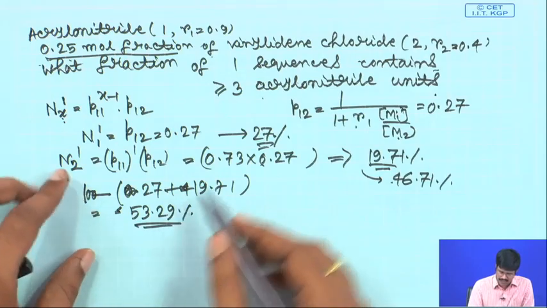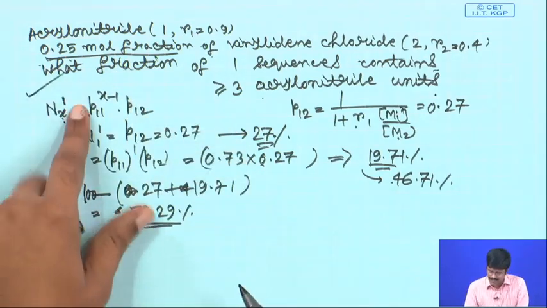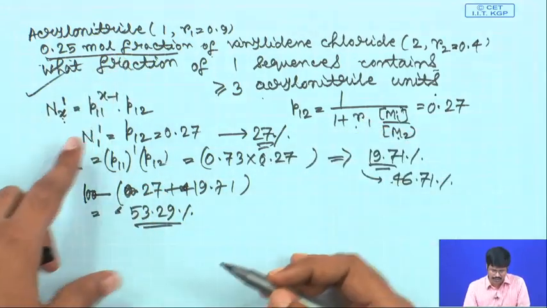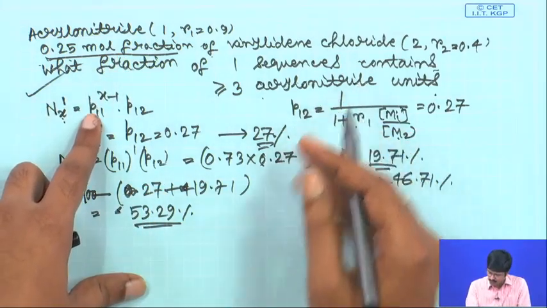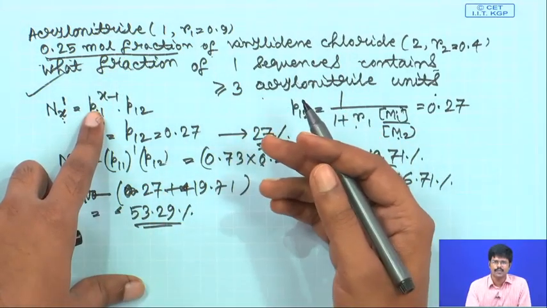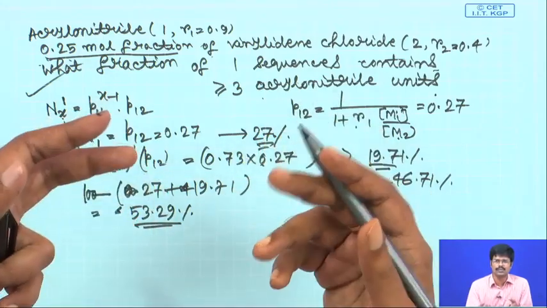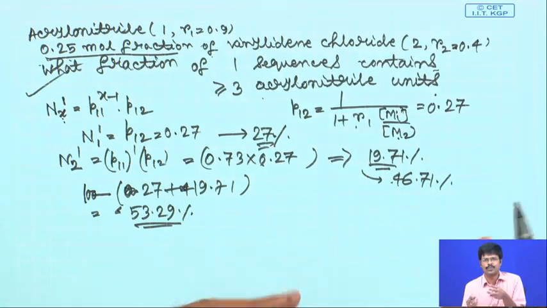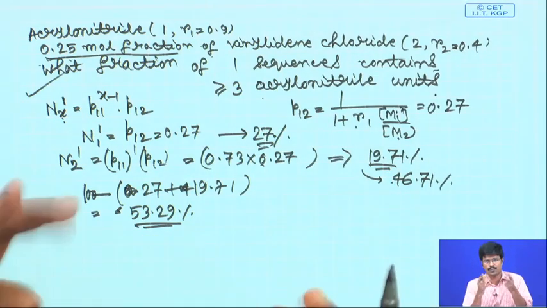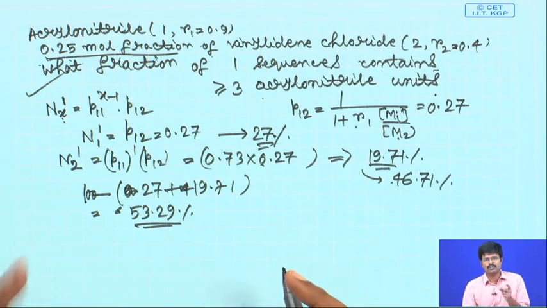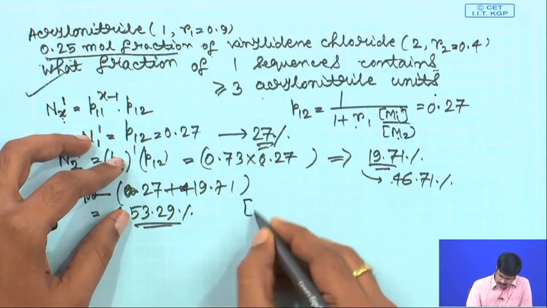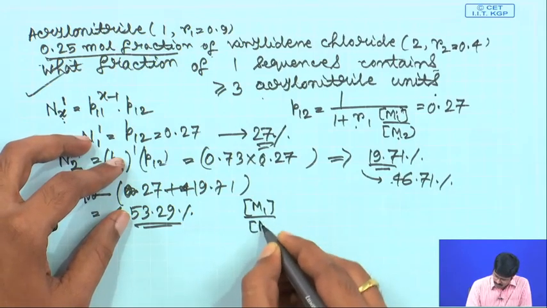And then if you are asked the final question, what is the feed composition such that the copolymer composition does not vary with conversion, or what is the feed composition such that during copolymerization the composition does not change, that is azeotropic composition, azeotropic copolymerization, excuse me, that will be valid here because R1 and R2 both are less than 1. So, you can use the formula, or you can derive the formula also if you do not remember.